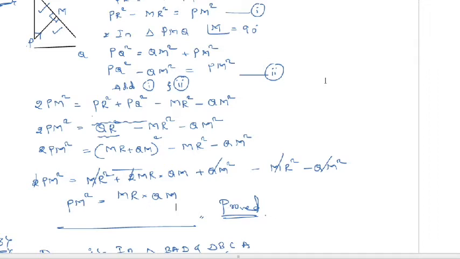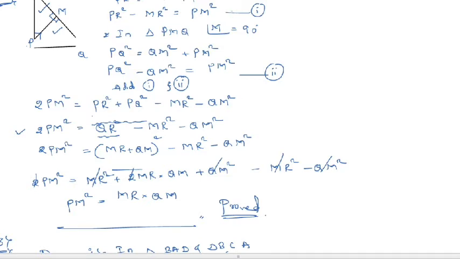Then remaining terms are PR square plus PQ square, then minus MR square minus QM square. 2 PM square as it is.